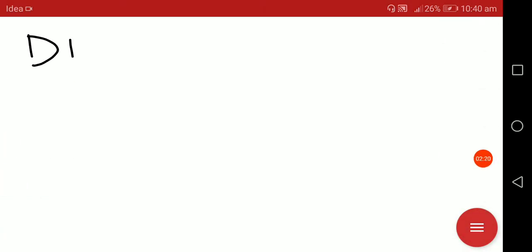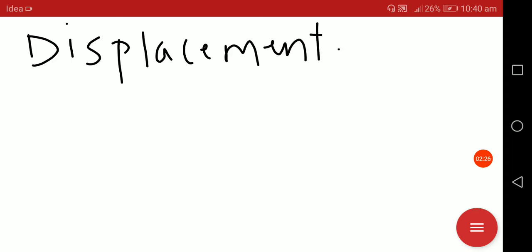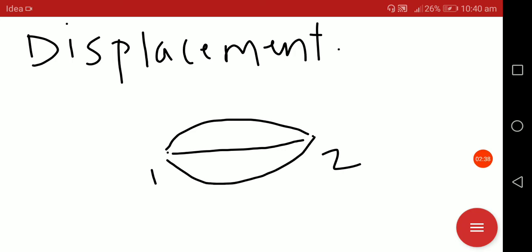Okay, now the second term that we are going to study is displacement. On your screen you can see the term displacement. Suppose there are two points, point 1 and point 2, and suppose there are n number of paths to travel from point 1 to point 2.